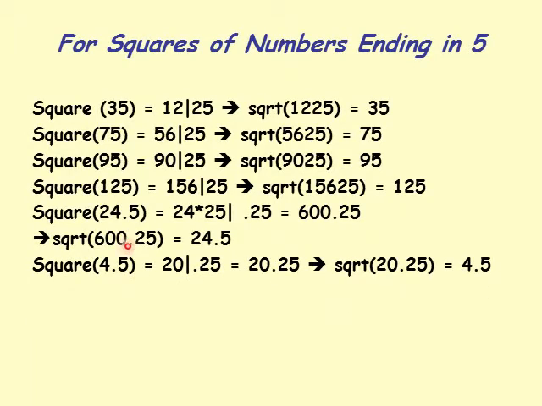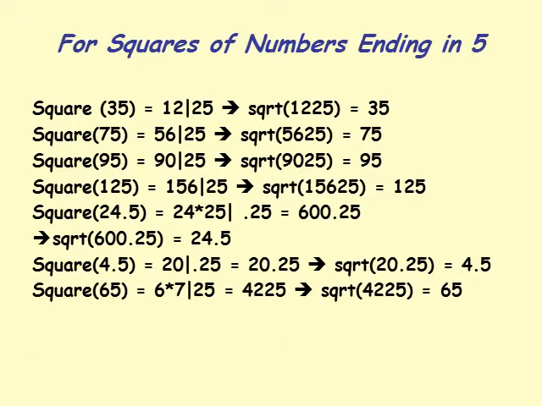The square root of 20.25 is 4.5. The square of 65 is 4225, and the square root of 4225 is 65. What we see is the 25 is split off, and 42 on the left is 6 times 7, which gives me 6.